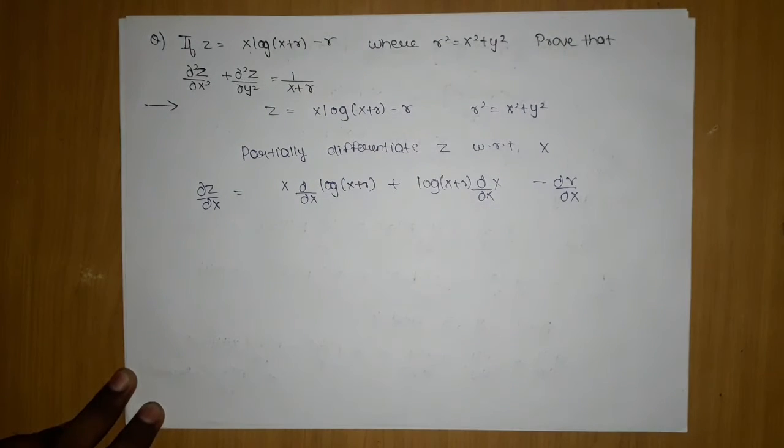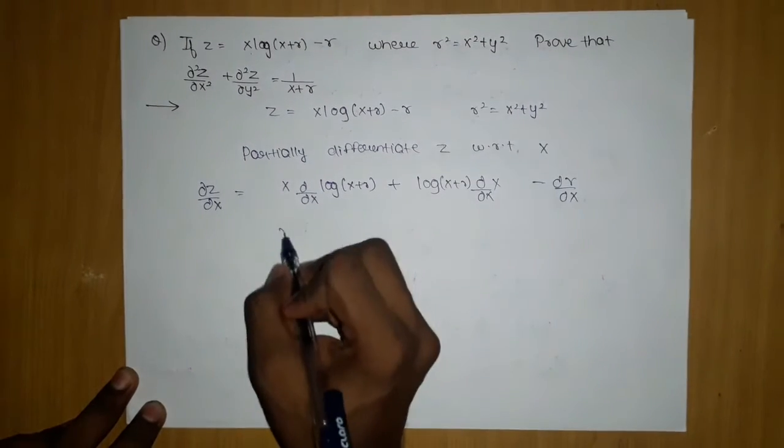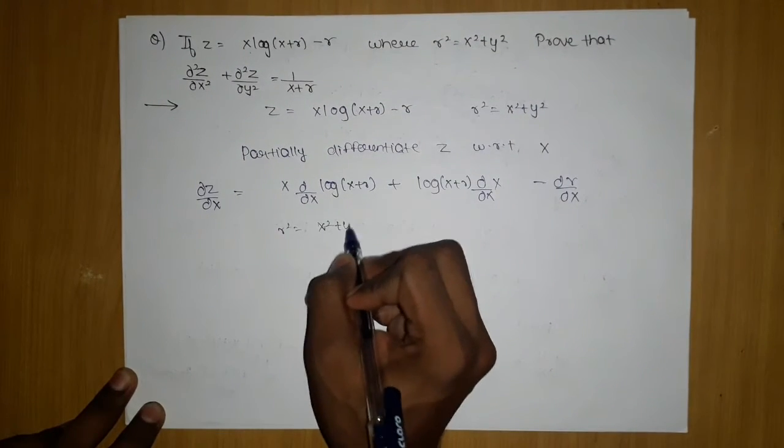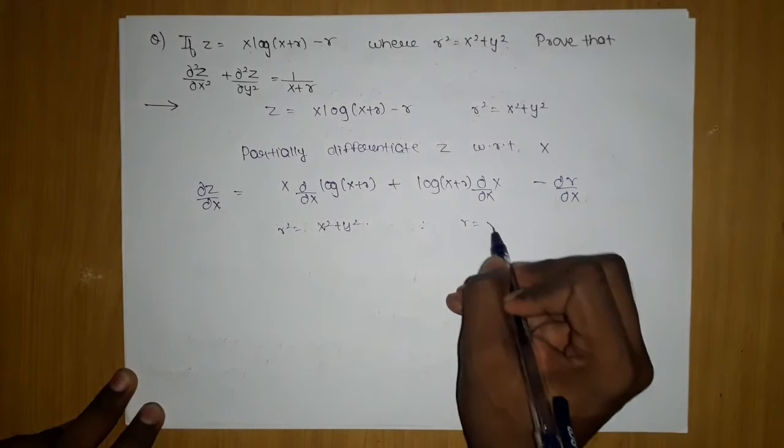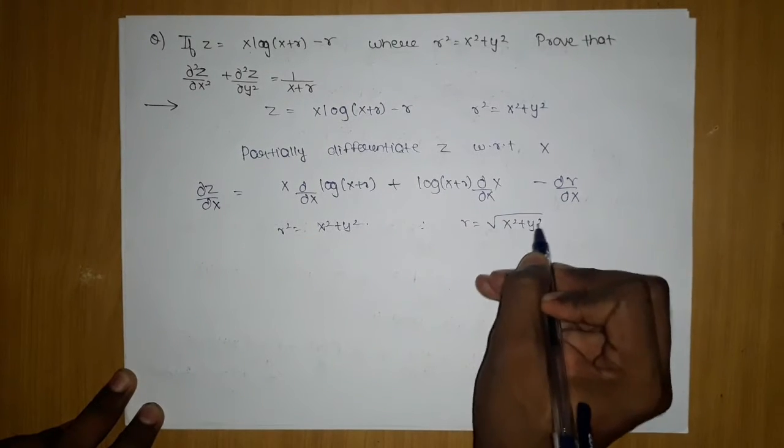Now you can see that ∂r/∂x, which is the required thing, you can obtain from here. r squared is nothing but x squared plus y squared, so r will be nothing but the square root of x squared plus y squared.